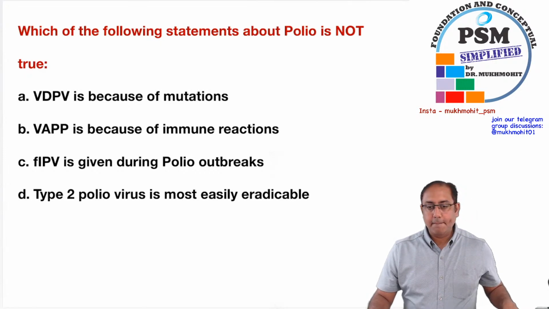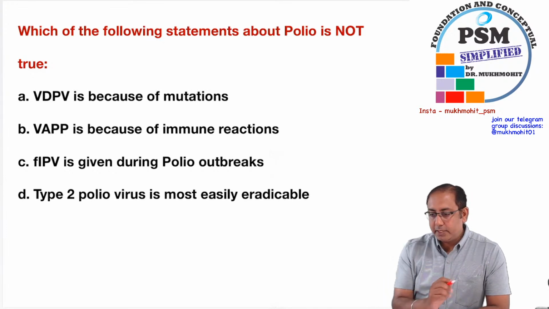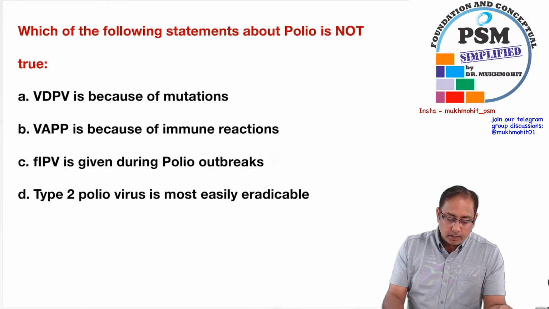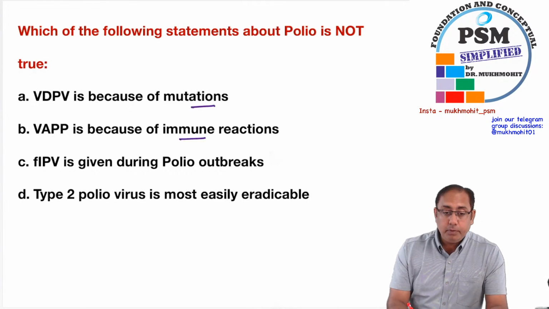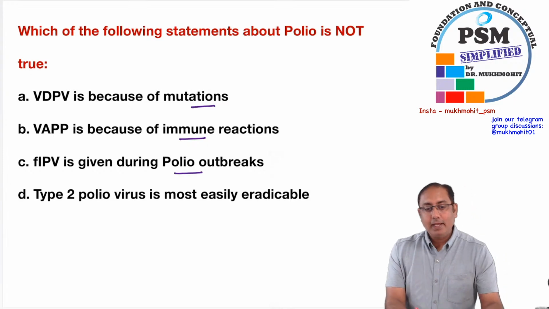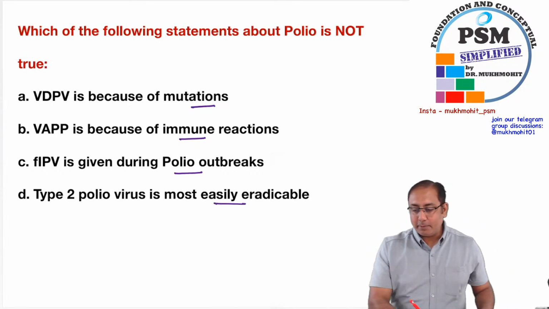What would you say? Option C. VDPV is because of mutations, VAPP is because of immune reaction, FIPV is given during poliomyelitis outbreaks, and type 2 vaccine is most easily eradicatable.